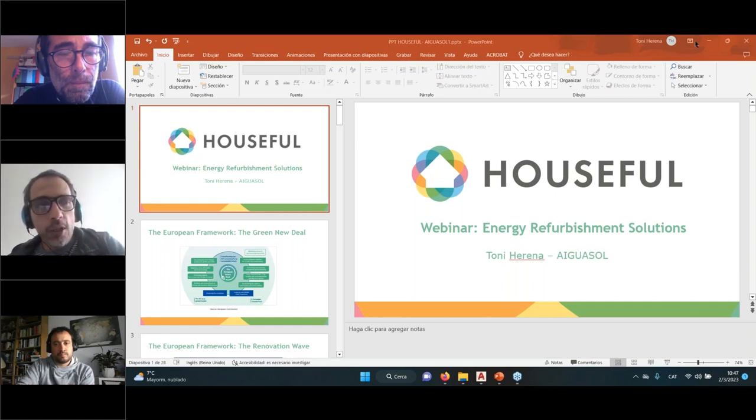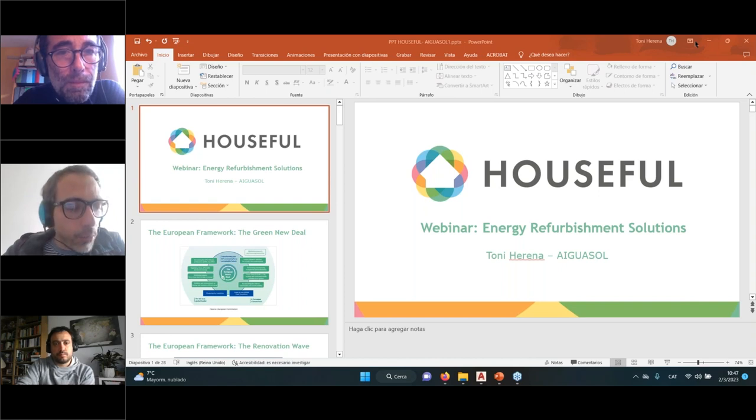So we are using old buildings with the idea to reduce their consumption, to put them in an up-to-date shape, and to try to improve this 3% of refurbishment that is mandatory by the European energy directive if we want to achieve the 2030 goals.